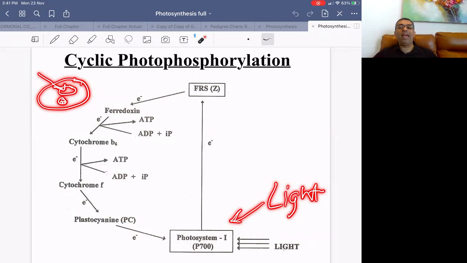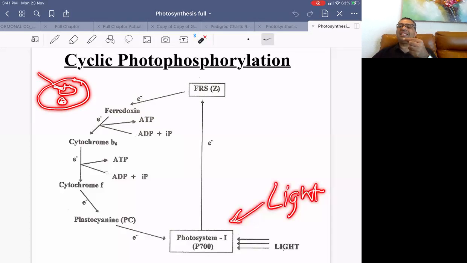If you remember, this is P700. So chlorophyll A683, chlorophyll B, carotene, xanthophyll will all receive solar energy, and the electron will jump towards chlorophyll A molecule.